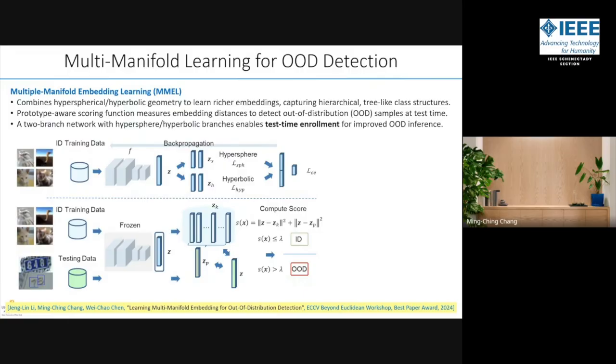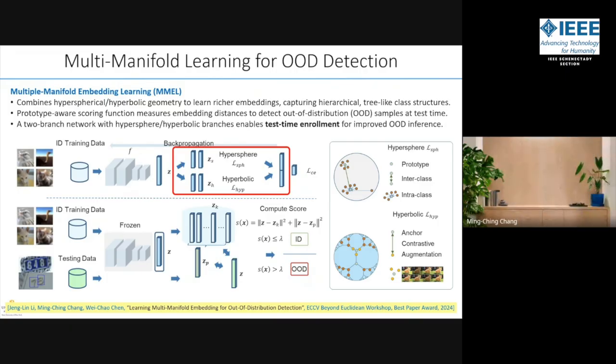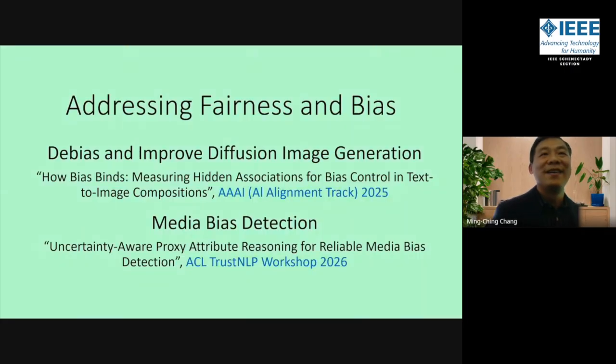That is called a hypersphere projection. In our paper, we also use hyperbolic projection, because a hyperbolic representation naturally learns this branching structure. So we combine the two, do the tuning, and get a good result. Okay, so that's this paper.